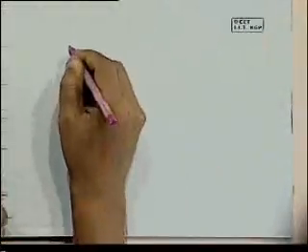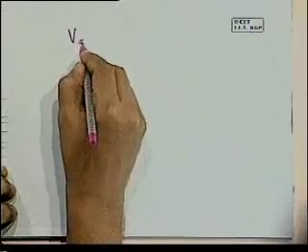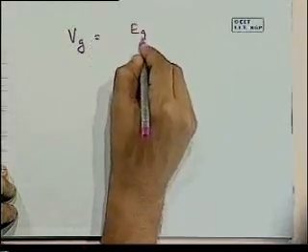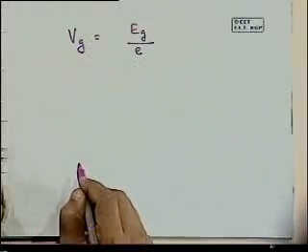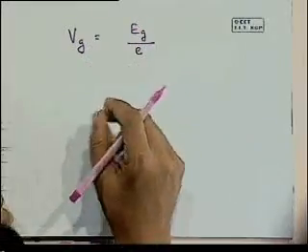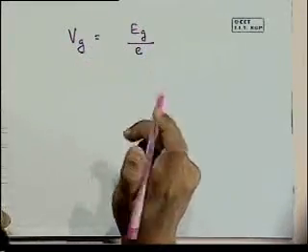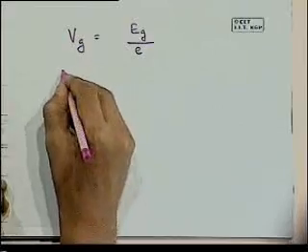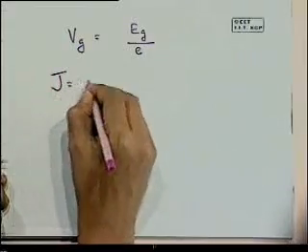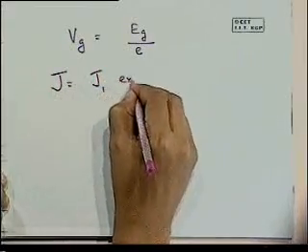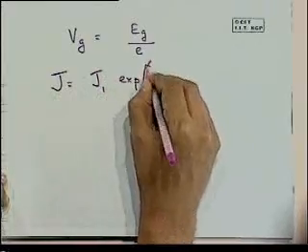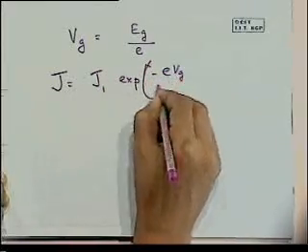We can rewrite this equation to reflect that a little more clearly. So if we write that Vg is equal to Eg by e, so we are expressing the band gap in terms of the voltage, then we can rewrite this equation as J is equal to J1 exponential minus eVg by kT.